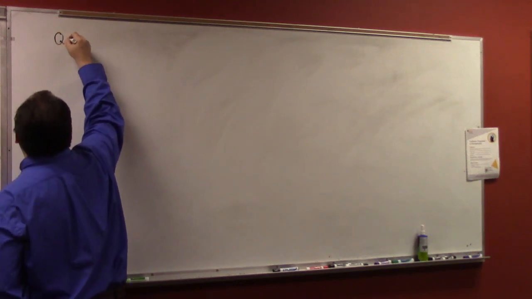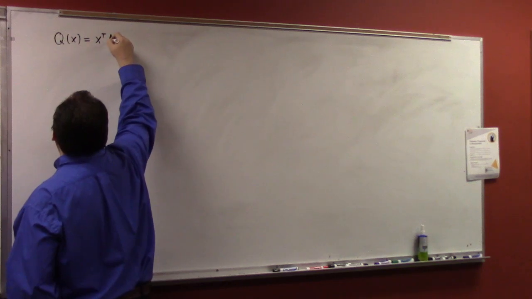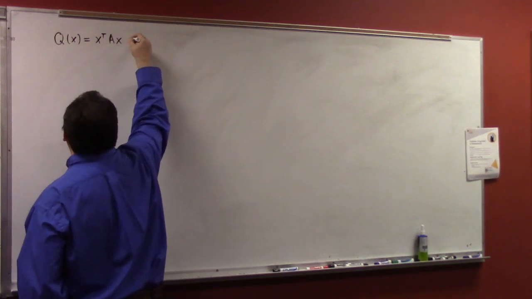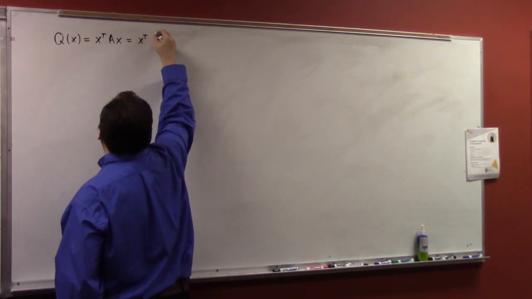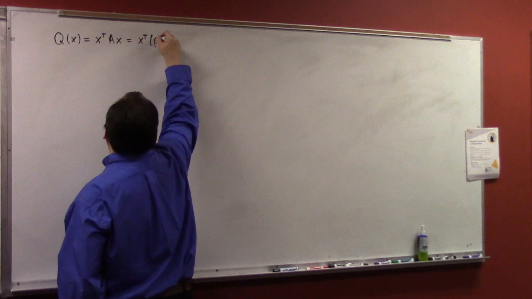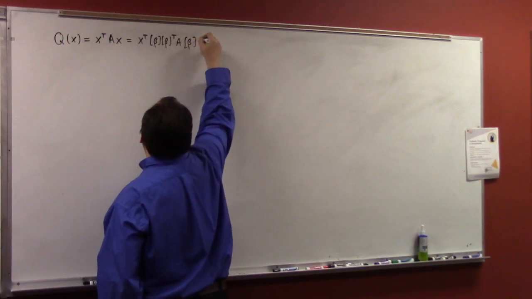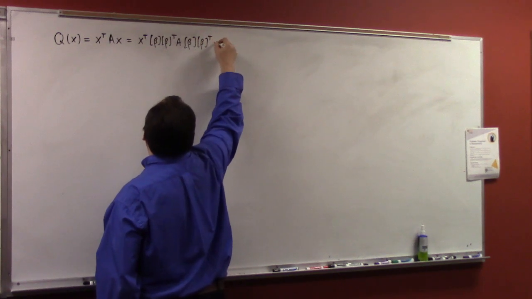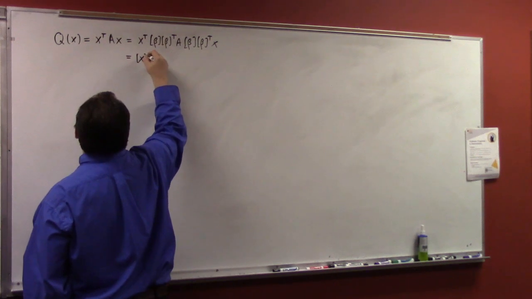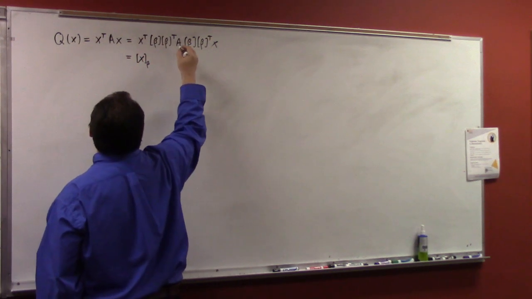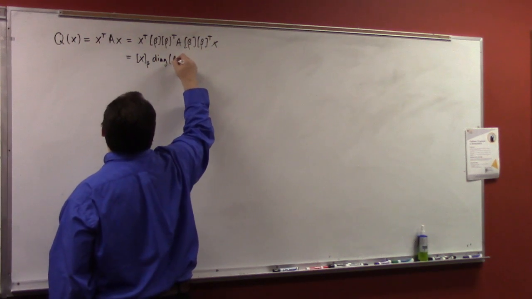So we just take Q of x equal to x transpose A x, and we simply rewrite that as x transpose, it's just the calculation I just did, beta transpose A beta transpose x, which is exactly the coordinate vector of x with respect to the beta basis. The diagonalization of A, actually.